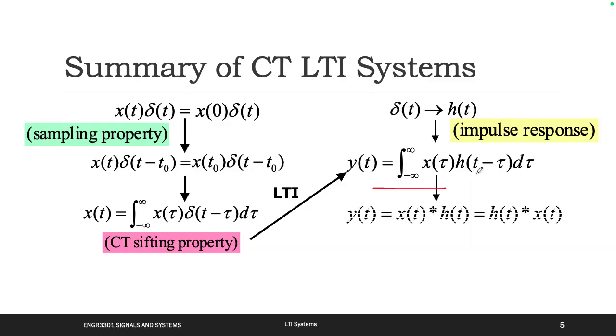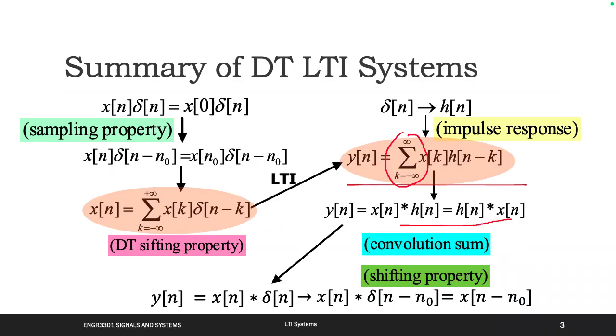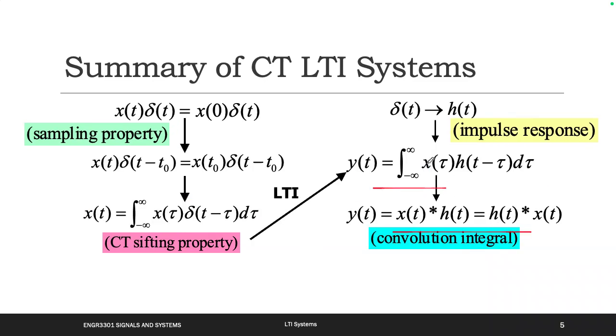So we can use this form to represent this equation. Here we also use the commutative property, and we call it the convolution integral. You can see the difference between this one and this one: this is a convolution sum because there is a summation symbol, and here is a convolution integral because it is an integral.